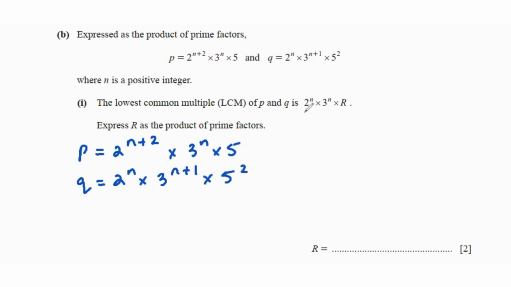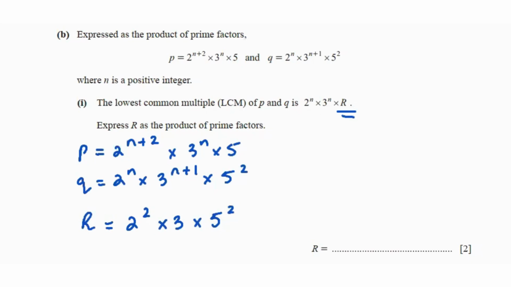So they said that 2 to the power of n and 3 to the power of n times r is the lowest common multiple, and we have to find what r is. r is basically going to be 2 square times 3 times 5 square. This multiplied by this would give you the lowest common multiple.